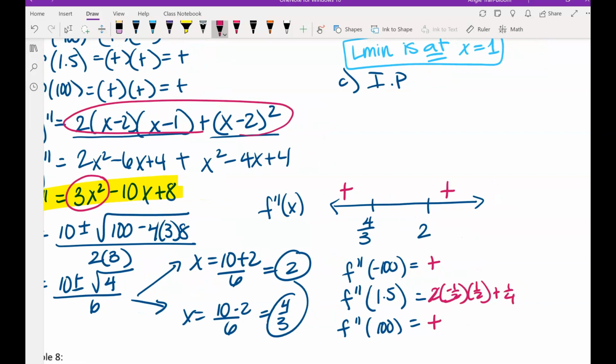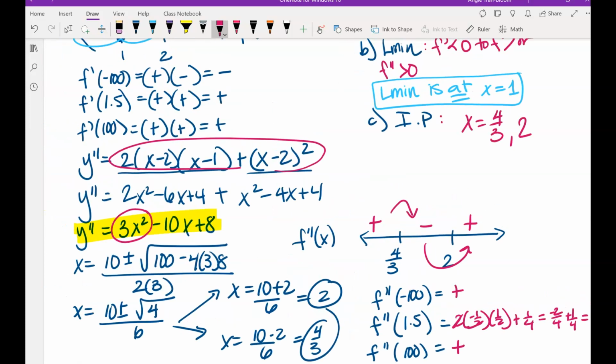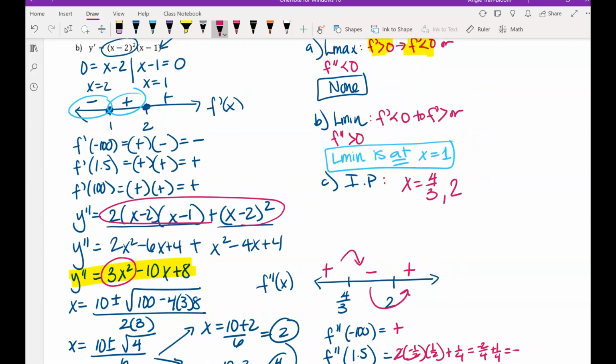I have a negative half left, which is negative 2/4 plus 1/4, so that's negative. Okay. All right, so ready? Again, an inflection point is when the second derivative goes from positive to negative or vice versa, negative to positive. So both of these are inflection points, okay? So we have 2 inflection points, no local max, and 1 local min.